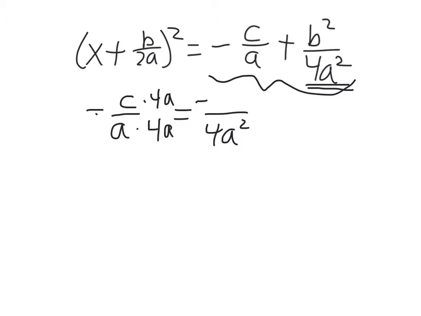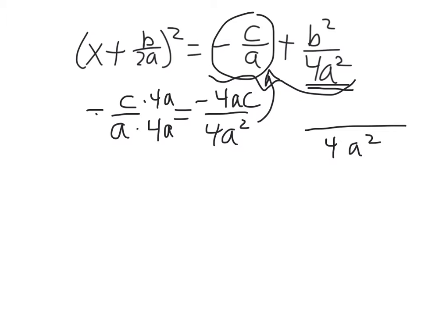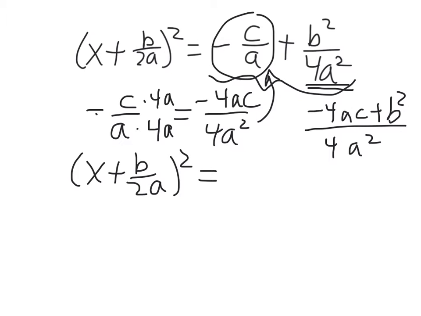So we'll get a negative 4ac. Okay. And then we have our common denominator of 4a squared, and we'll have negative 4ac plus b squared on the top. Or what would be the normal order we would put this in, b squared minus 4ac all over the 4a squared.